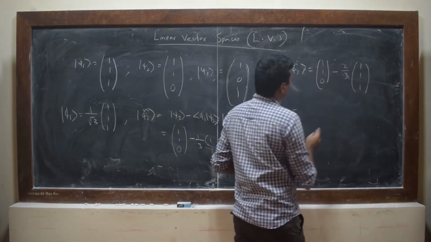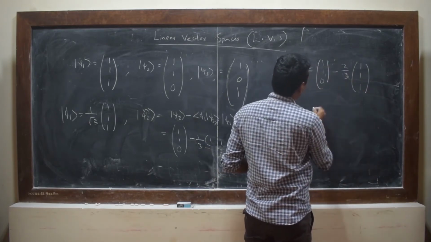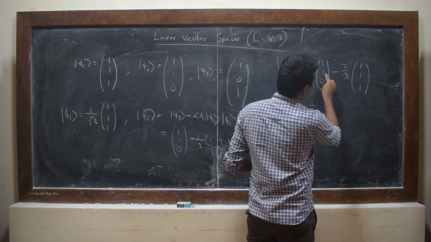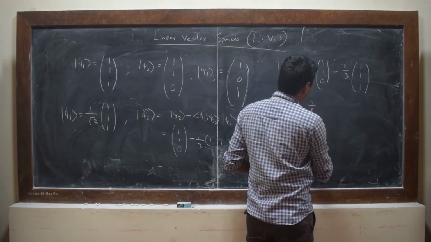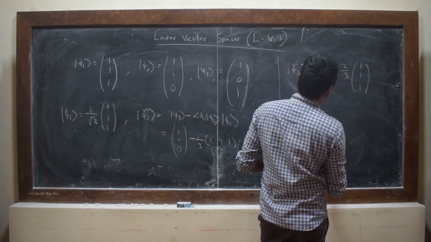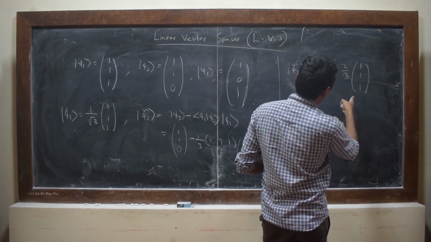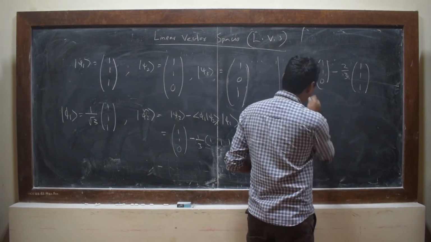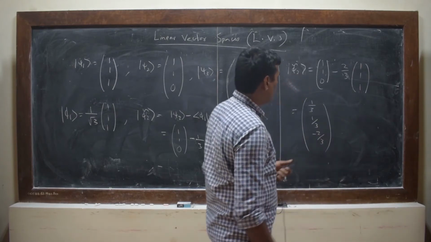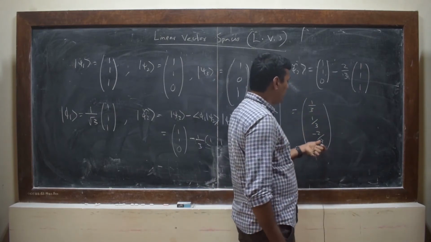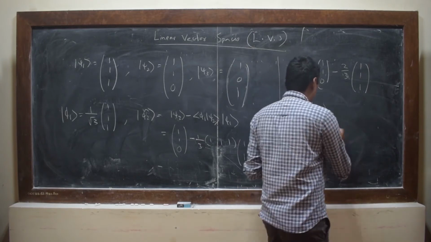So you will get 1 minus 2 by 3, that is going to be 1 by 3, and again 1 by 3. Okay. Then you have minus 2 by 3. This is the vector.